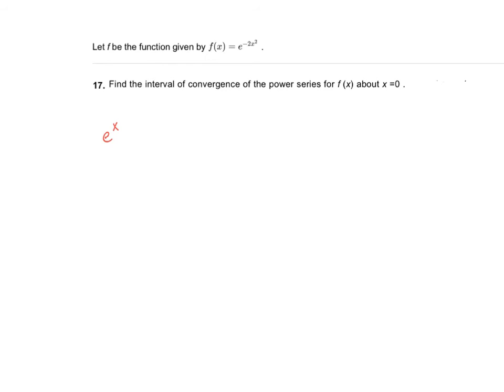So e to the x, we know that this is, actually I'm going to write these terms out. So this is going to be 1 plus x squared over 2 factorial plus x cubed over 3 factorial.